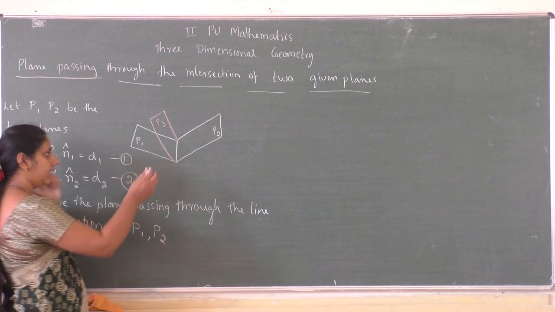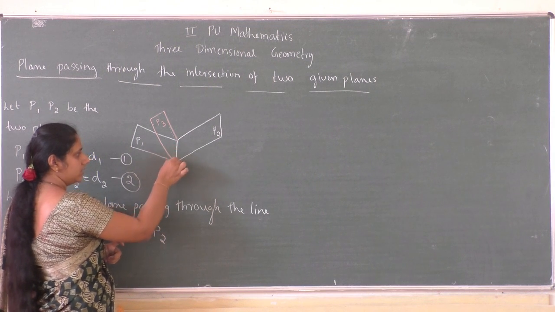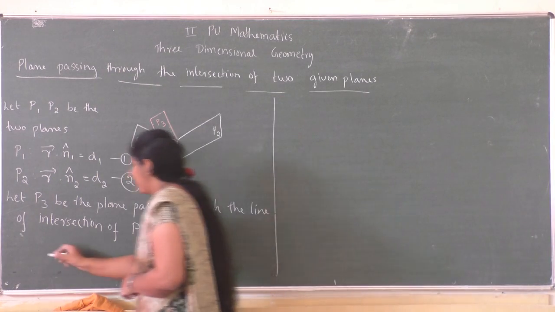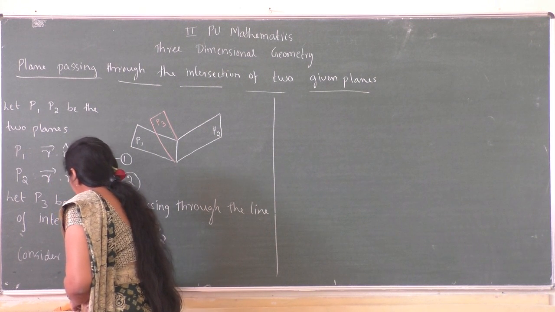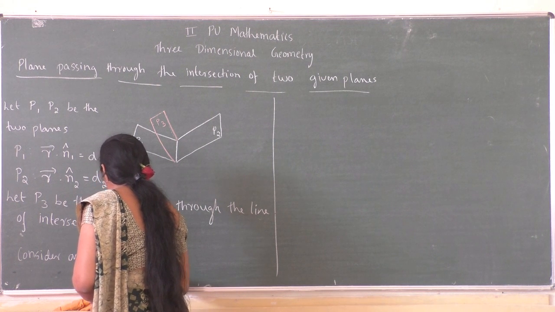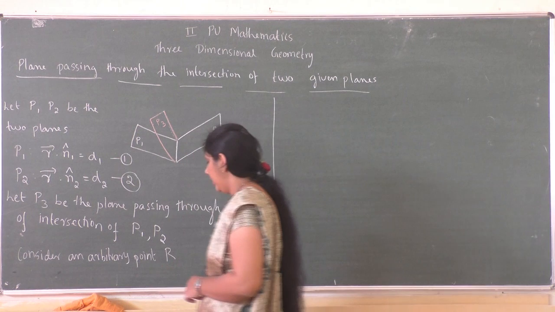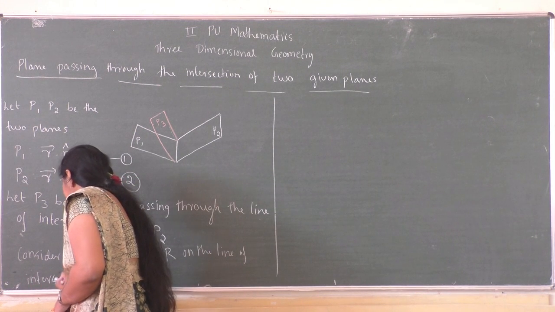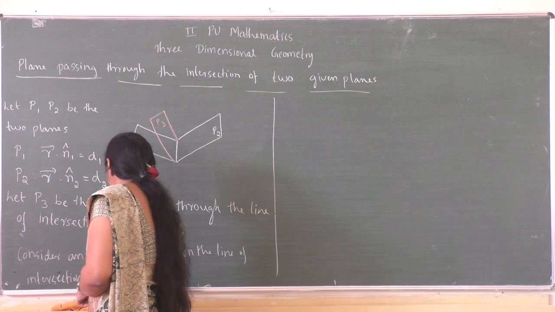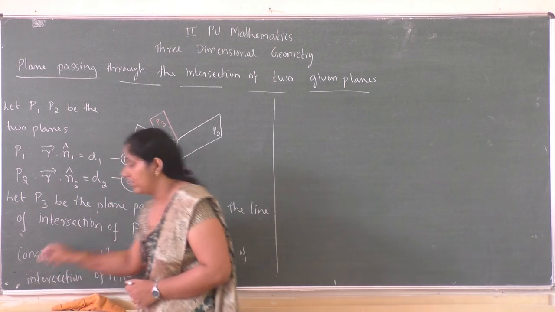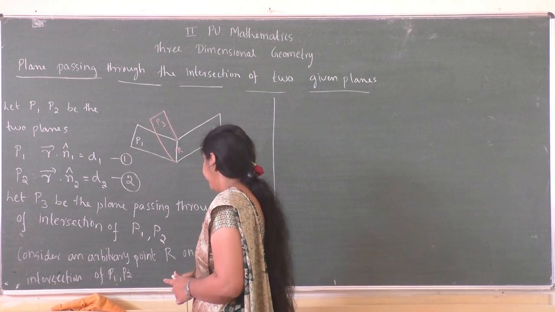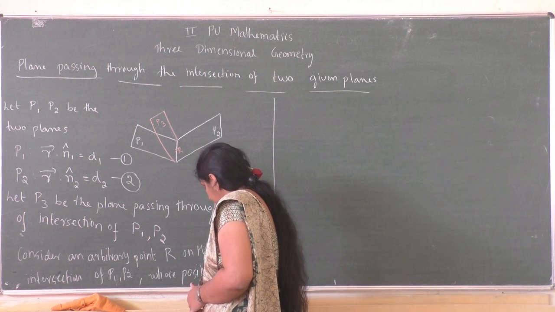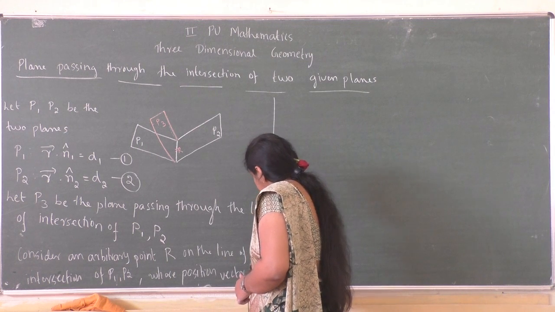So now I will consider an arbitrary point, say R, on the line of intersection of P1 and P2, whose position vector is, say, t vector.